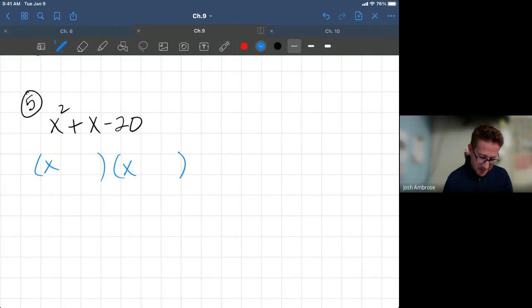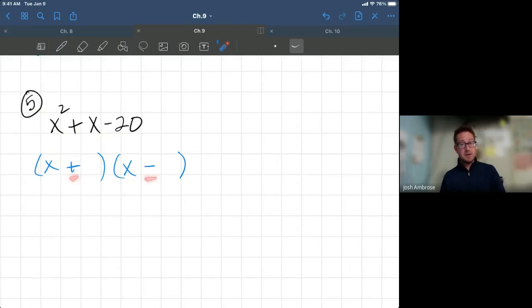Now, plus then minus means in here, I will go plus then minus. So pay close attention. Plus then minus means go plus then minus also in the parentheses. But when you have opposite signs in the parentheses, we're then going to be doing subtraction.